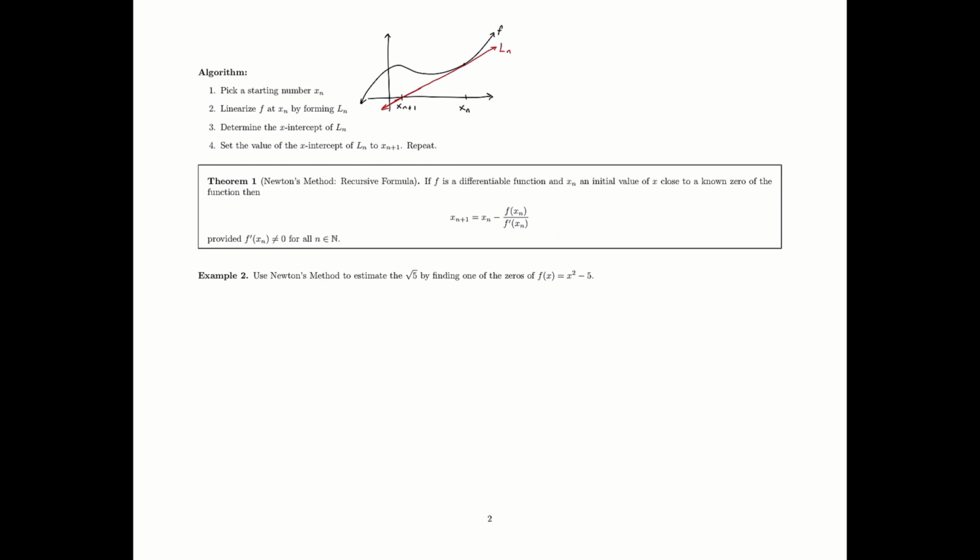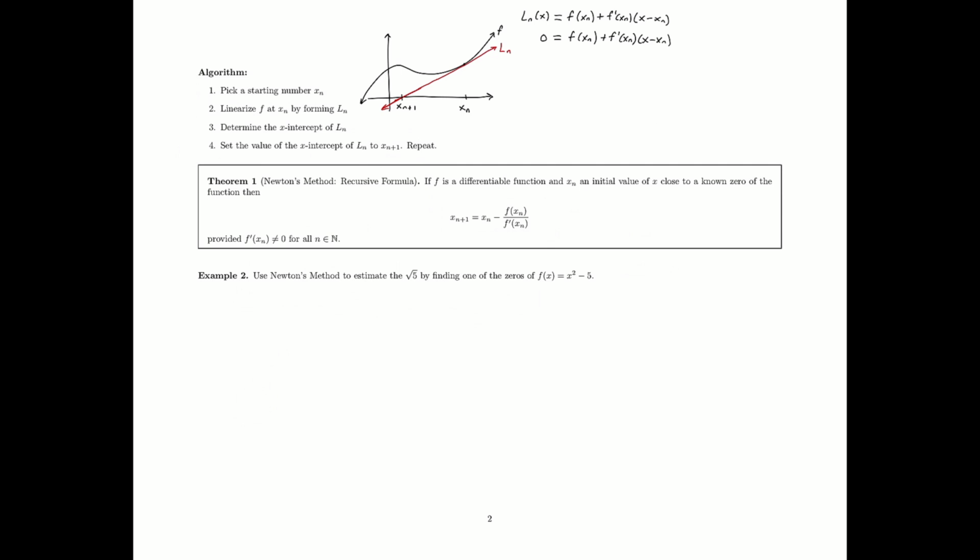So how are we going to get this? Well, let's go ahead and form the linearization. So L sub n of x, the linearization, this is f of x_n plus f prime of x_n times x minus x_n. Now we want to know when this equals 0, because that's how you find when a function crosses the x-axis.